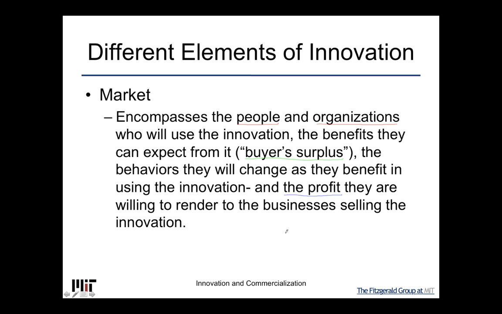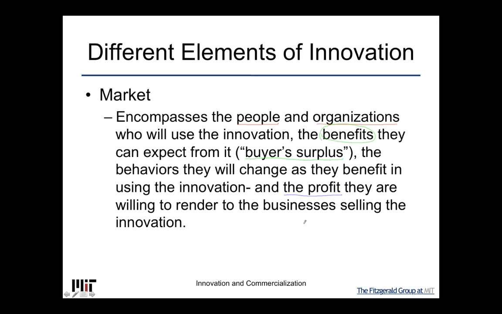But what we're often not thinking about is buyer surplus, because it's actually never tabulated, but it's the reason people buy things. So when I make a purchase, I end up having some benefit related to that innovation, and that's essentially the buyer surplus.